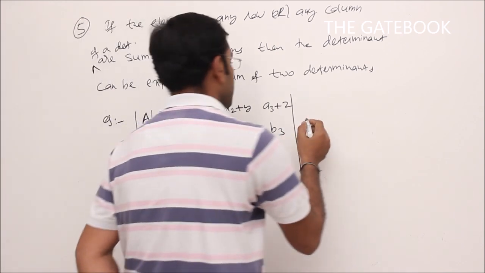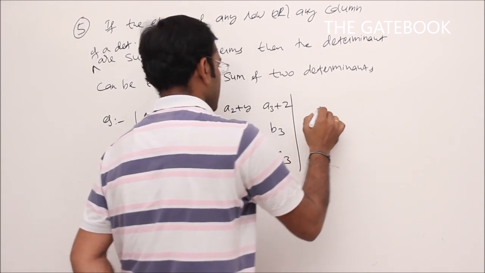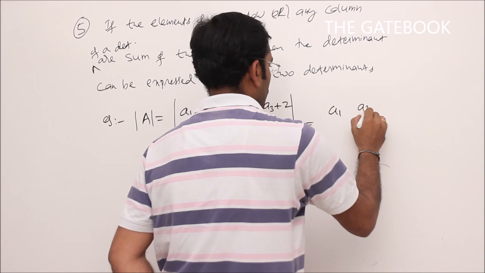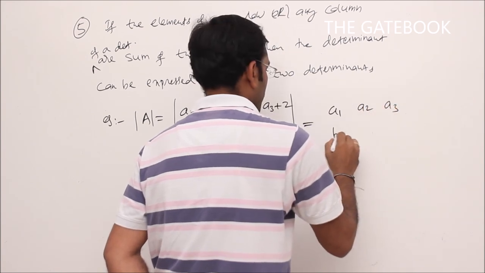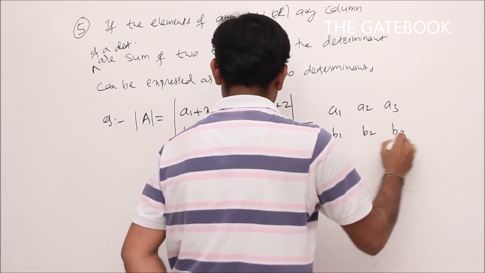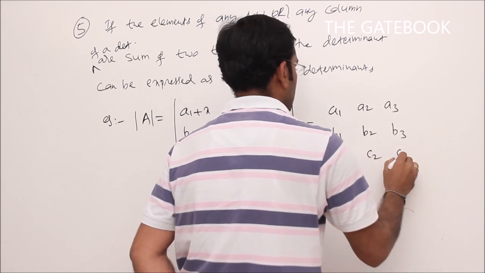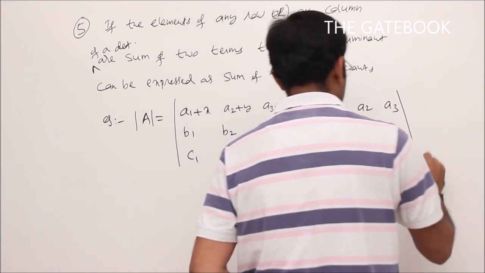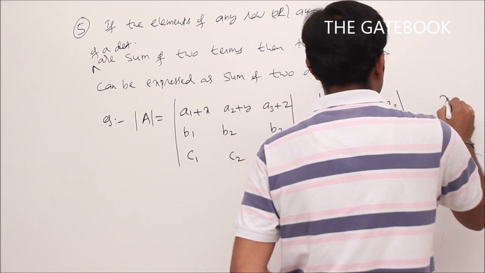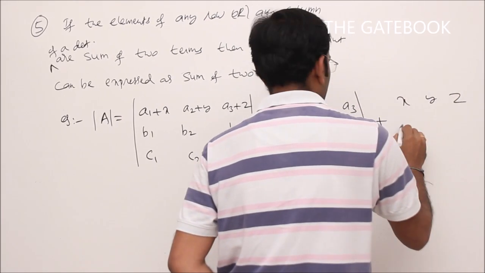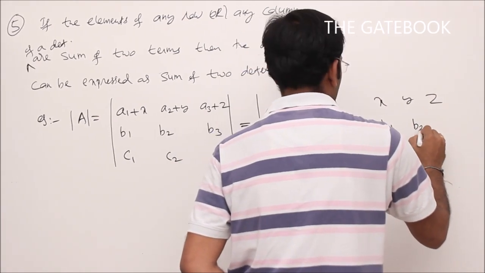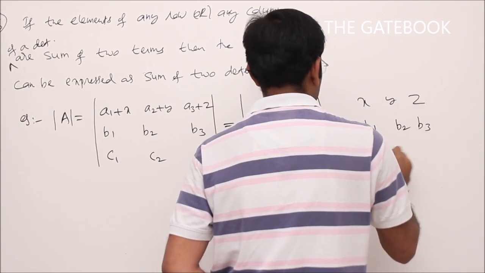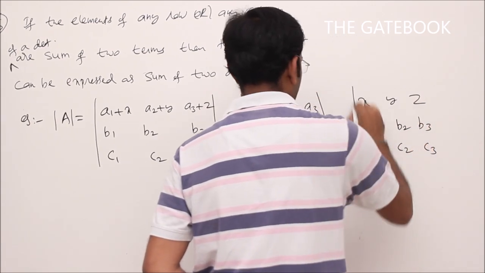Now I can express this determinant as sum of two determinants like this: A1, A2, A3, B1, B2, B3, C1, C2, C3 plus X, Y, Z, B1, B2, B3, C1, C2, C3.